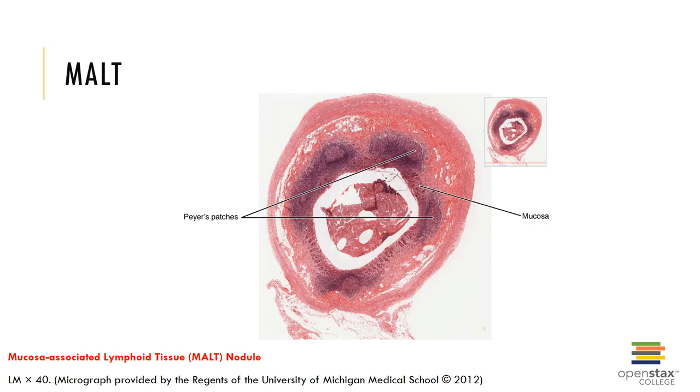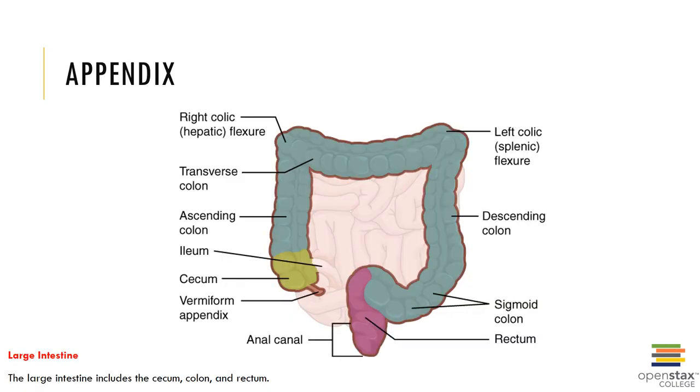MALT is mucosa-associated lymphoid tissue and protects the rest of the epithelium of the digestive, urinary, and reproductive tracts from pathogens and toxins. The appendix is a type of MALT tissue found at the junction of the large and small intestine and contains rapidly dividing lymphocytes.